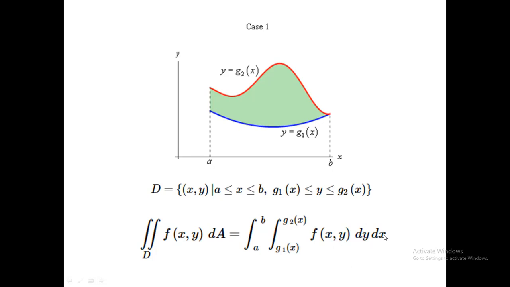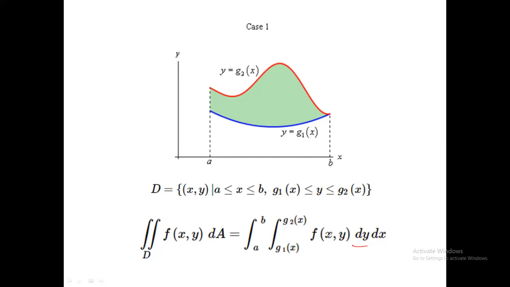When you do your evaluation, you do it from the inside going out. So meaning the first integration process will be based on the y variable. Whatever variables you have here, like x and y, your first integration will be in terms of the y variable, and you will consider the x variable as a constant.